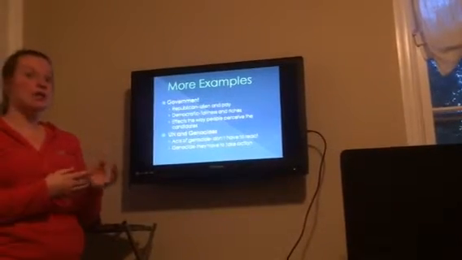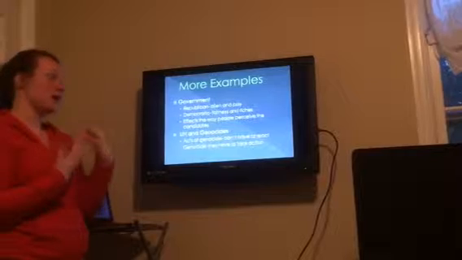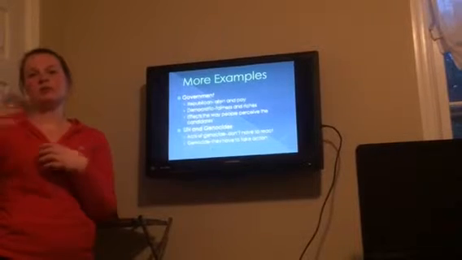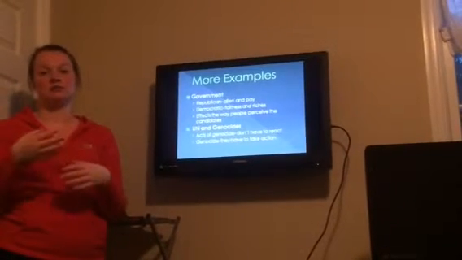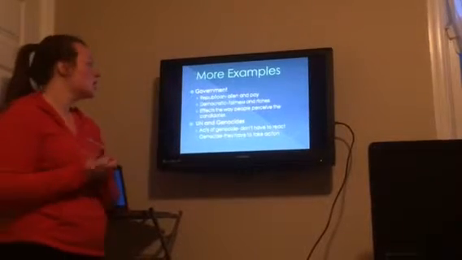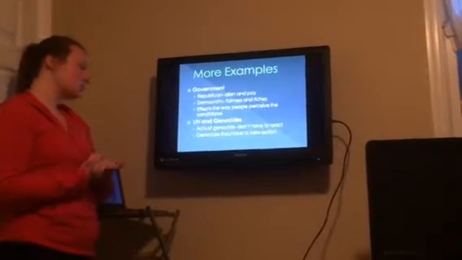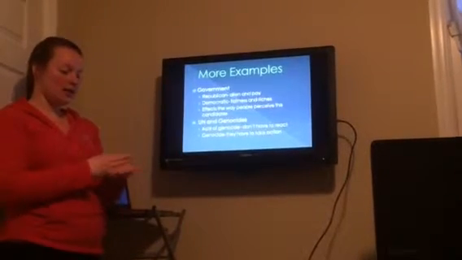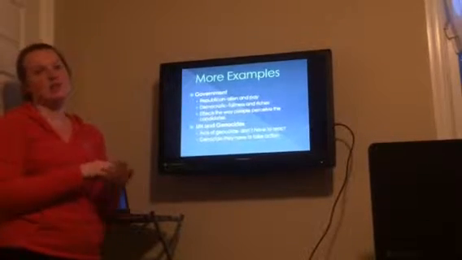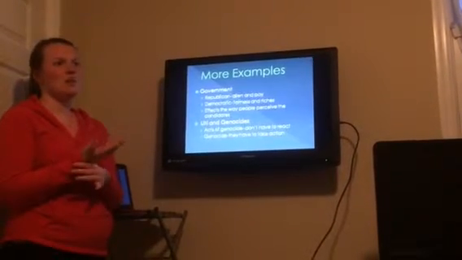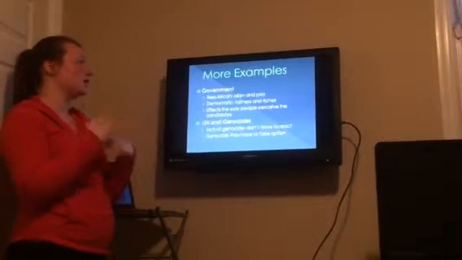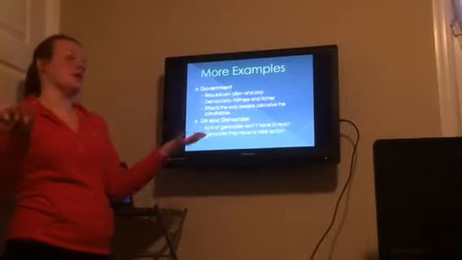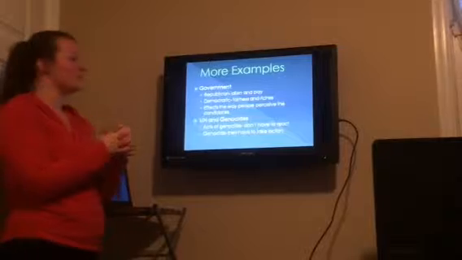Some more examples are government. When candidates are running an election, they tend to use specific words to create a specific reaction in their audience members' minds. For example, Republicans tend to refer to immigrants as aliens, and an alien has an idea of a negative, foreign, not very positive definition to it, so when they're tying the word alien to immigrant, it's not seen very positive.